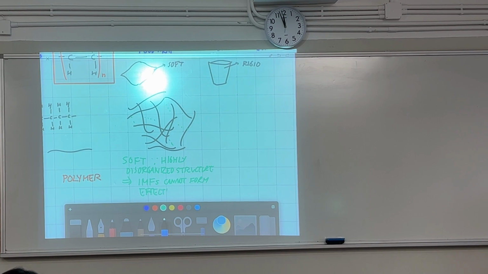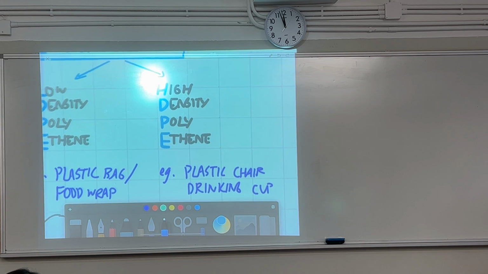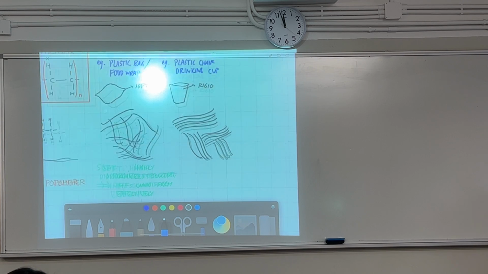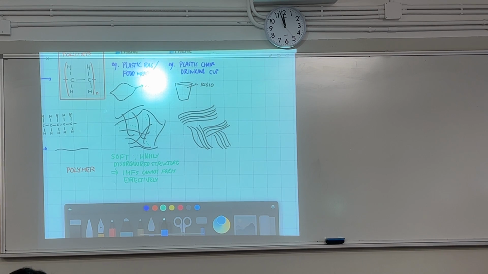But when you look at high density polyethylene, the term high density tells you that they are closely packed. That's because inside a plastic cup, you see regions with a very high level of order. And that would explain why they are rigid. So they are rigid because they are more ordered.